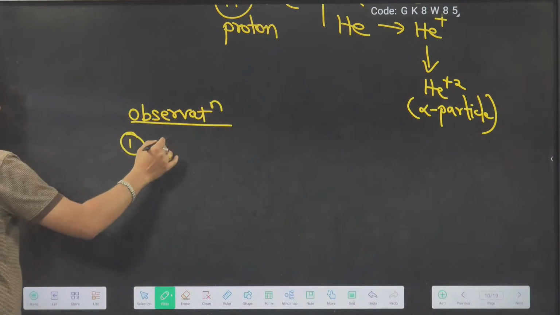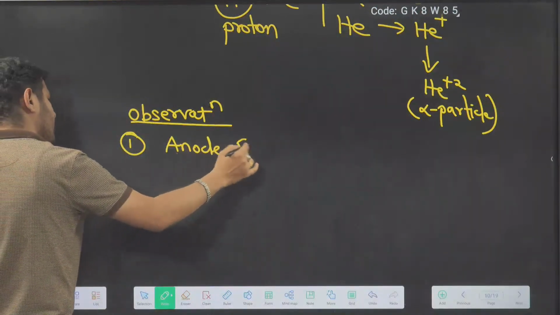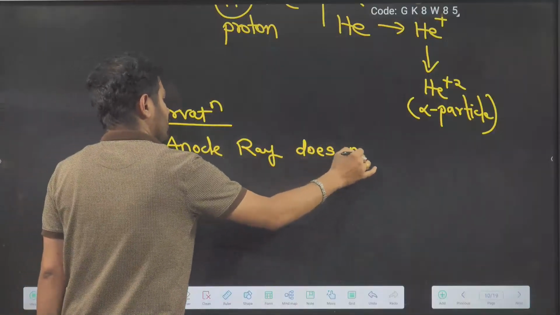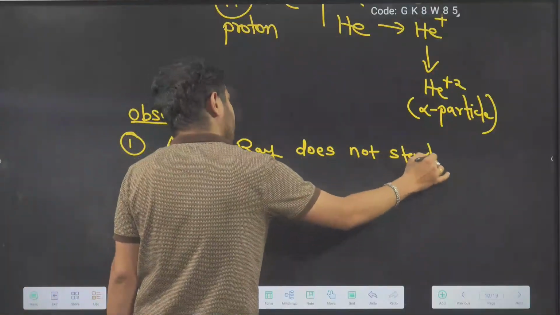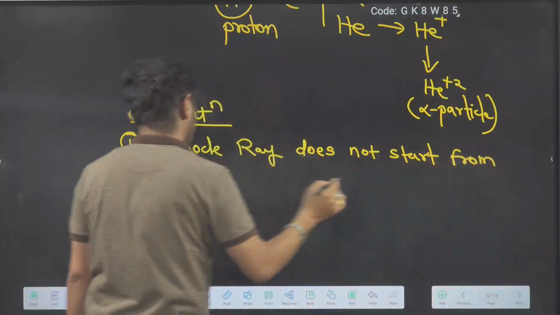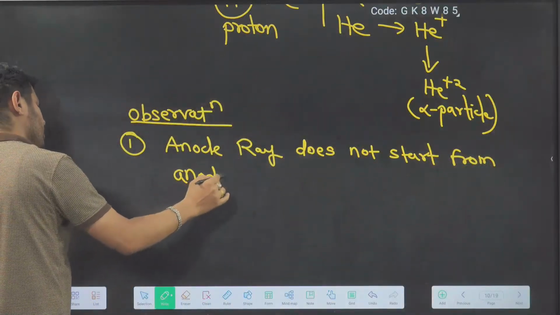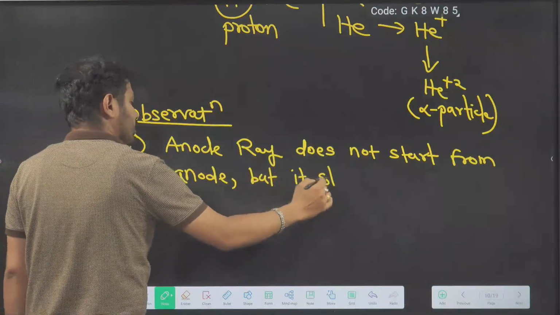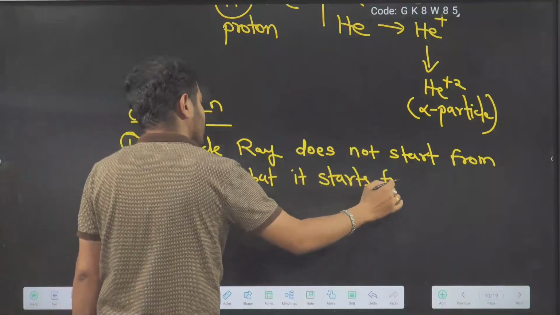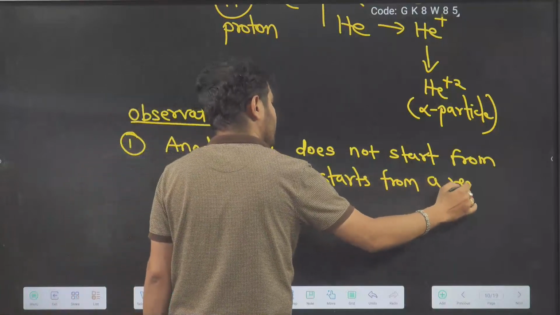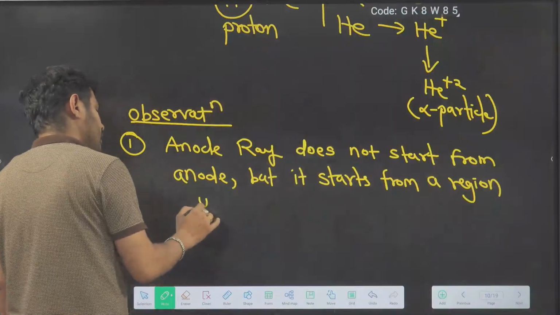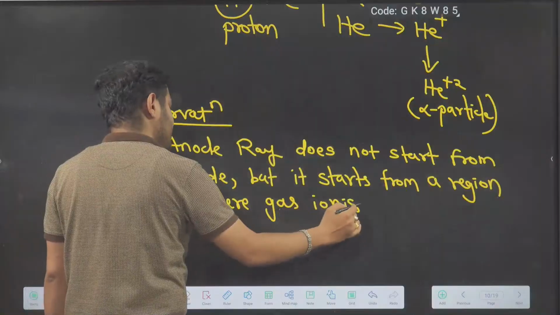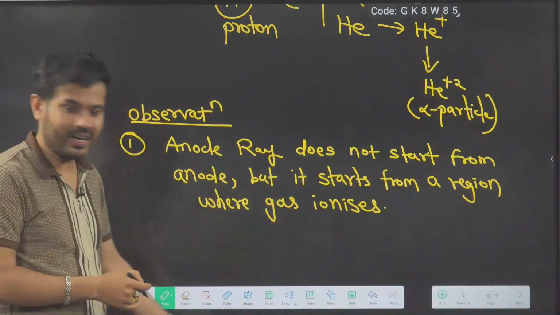The first point is, anode ray does not start from anode, but it starts from a region where gas ionizes. The gas is getting ionized and forming the anode ray, right? That is the first point.